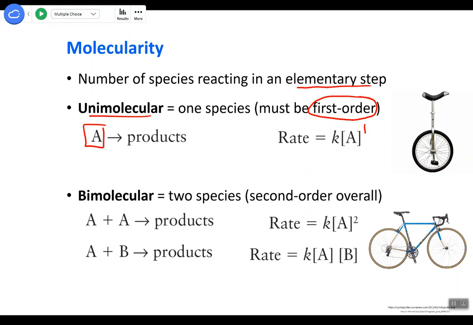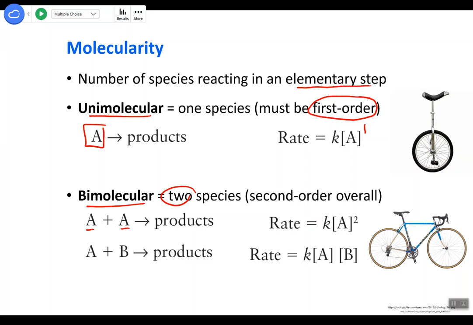So if it only has one reactant, immediately and confidently we can say that this one elementary step occurs according to first order kinetics.